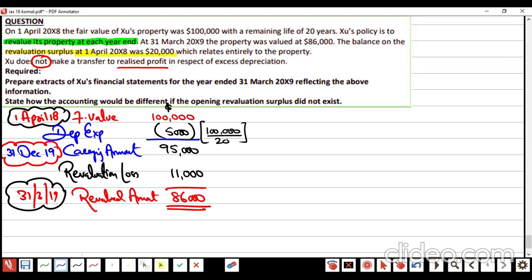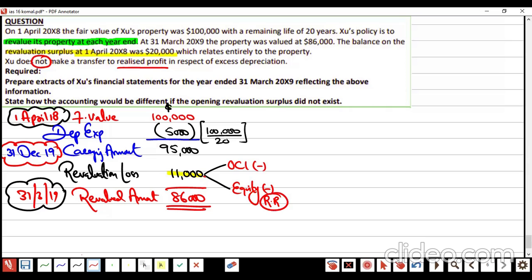No. We know this is going to hit us. It is going to hit us in our OCI, and the second hit is going to reduce my equity, and it deducted revaluation reserve. Am I right?